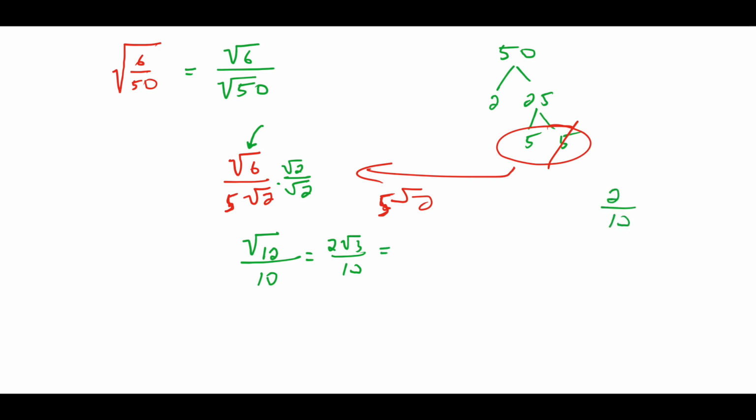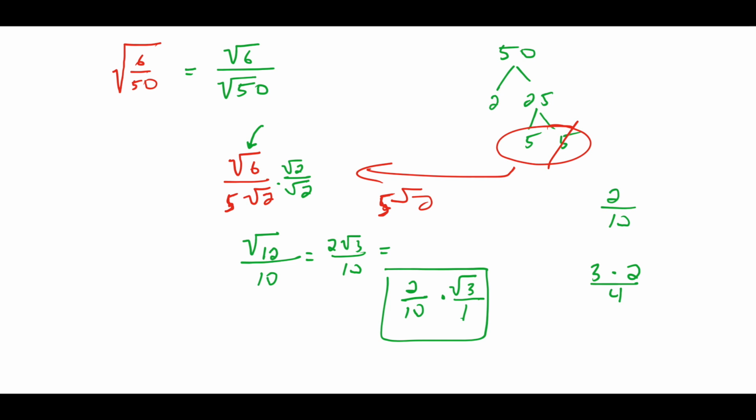Because 2 root 3 over 10 is the same thing as 2 over 10 times root 3 over... But wait. Look, did you see what I just did? I didn't say this yesterday. How is this the same as this? Let's say I have 3 times 2 over 4. I can split that into 2 fractions.